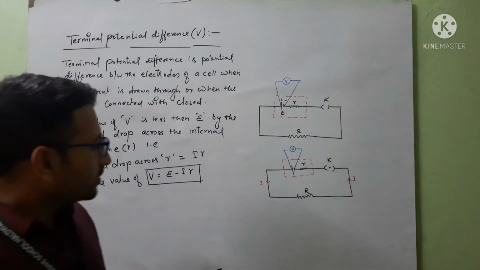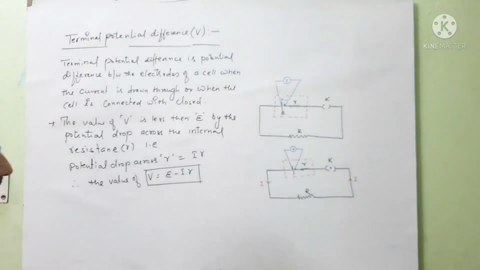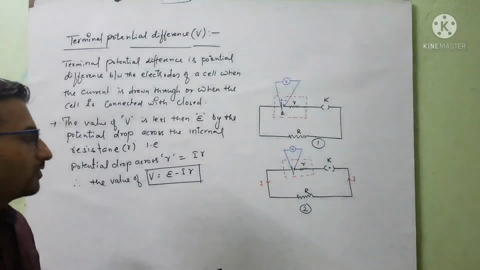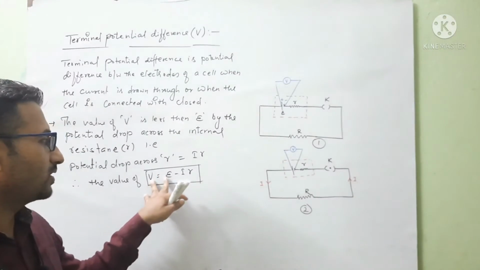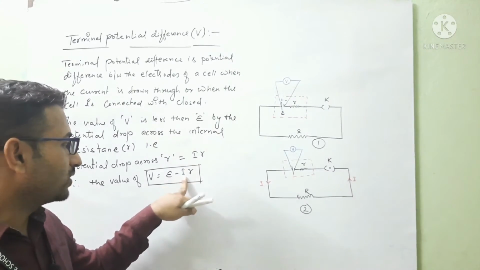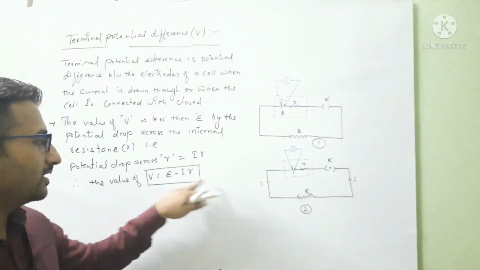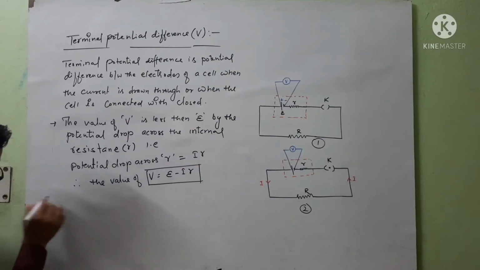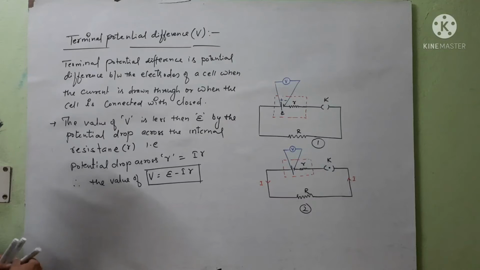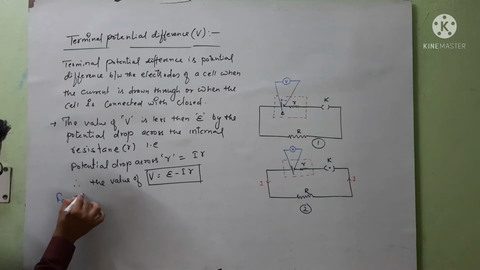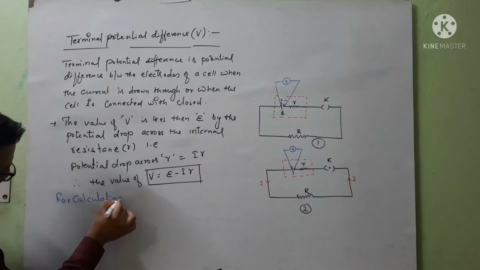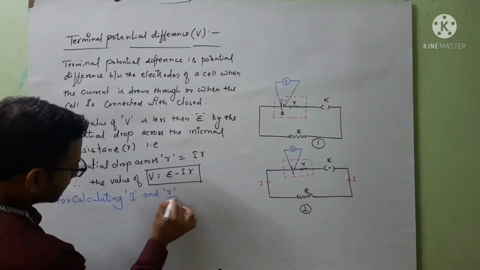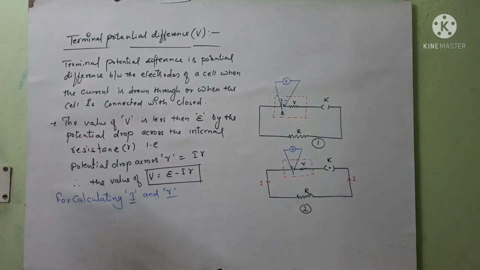Now here we are talking about the value of electric current in this second condition, in this second diagram, and the value of V and the value of internal resistance r and the current I; in this way we will calculate. Here students, see, for calculating I and small r, let's see what comes here.